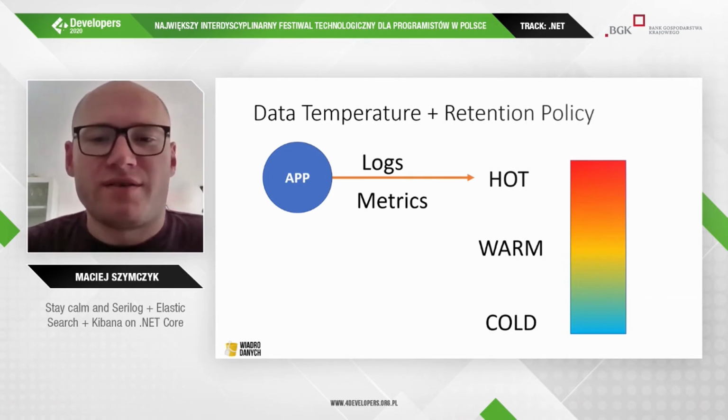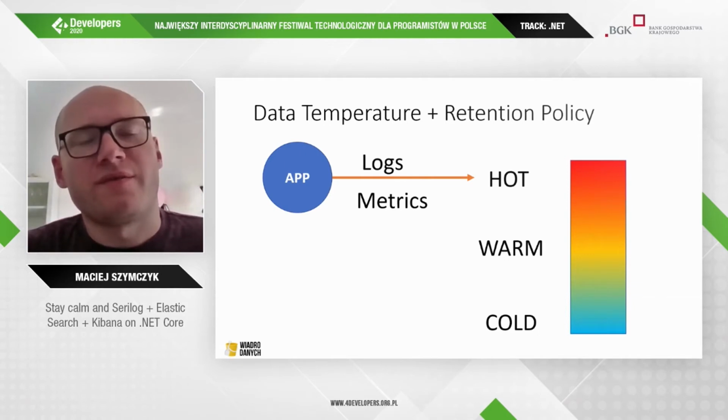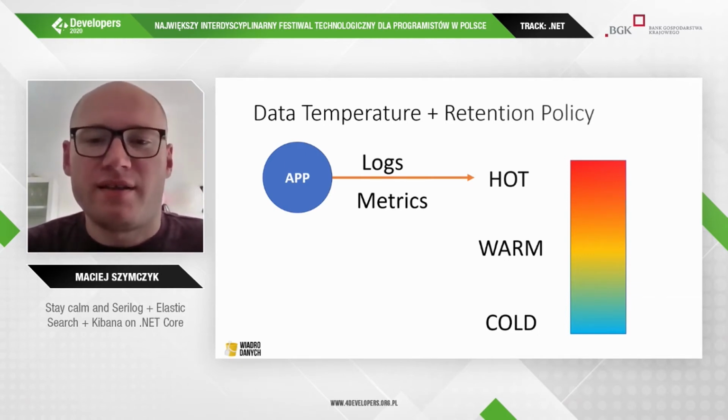There are many queries regarding hot data, and less and less when the data is getting cold. So it's cool that Elasticsearch provides a solution for that, to have hot, warm, cold architecture in our log solution.